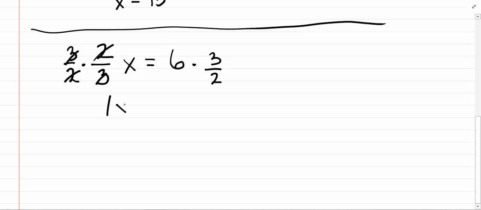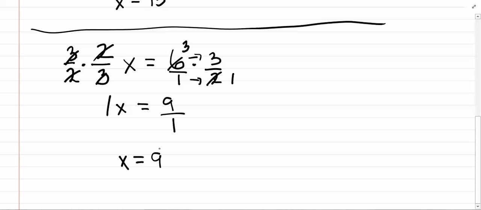So you're left with 1x equals, and then this is 6 over 1, we can multiply straight across, or you can reduce before you multiply, because this 2 here goes into this 6. It'll be 1 on the bottom, and it goes into 6 3 times. So we can just write 3 times 3, which is 9, over 1 times 1, which is 1. So our final answer is x equals 9.